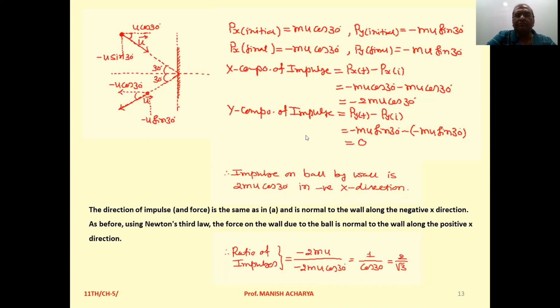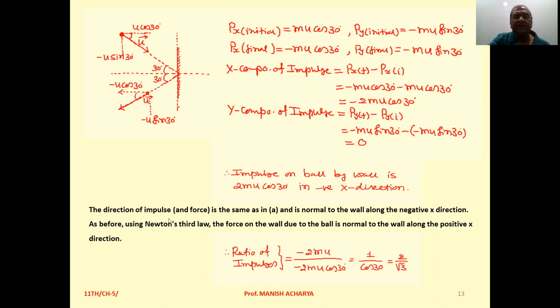Similarly, the y component of impulse is p yf minus p yi, that is minus mu sin 30 minus mu sin 30, so resultantly you will get the answer 0. It implies that the resultant impulse is minus 2mu cos 30. Clear? So we can write the impulse on the ball by the wall is 2mu cos 30 in negative x direction.